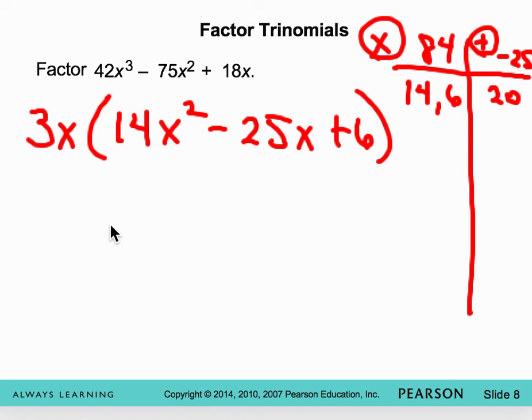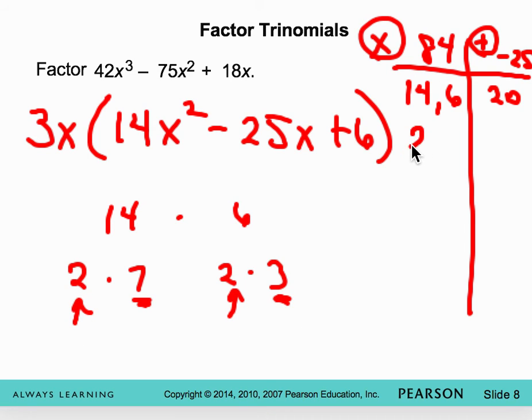So let's take that 14 times 6 and spread it out a little bit. 2 times 7, 2 times 3. Okay, so here's the 14 and the 6. What if we did 21 and 4? 21 and 4 is 25. I have the right numbers. They just have the wrong signs. Cool.